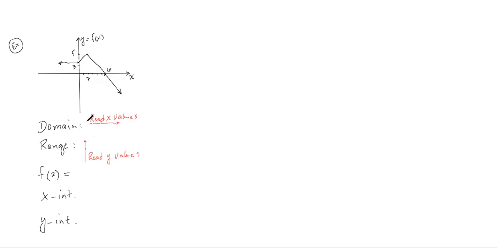So would you be able to tell me what the domain is if you're reading this way? All real numbers? Exactly. Because this arrow goes to negative infinity, and this arrow goes to the right to positive infinity. So it's all real numbers. Please make sure you write it in interval notation.